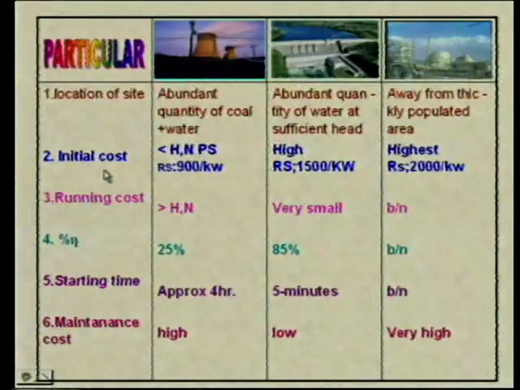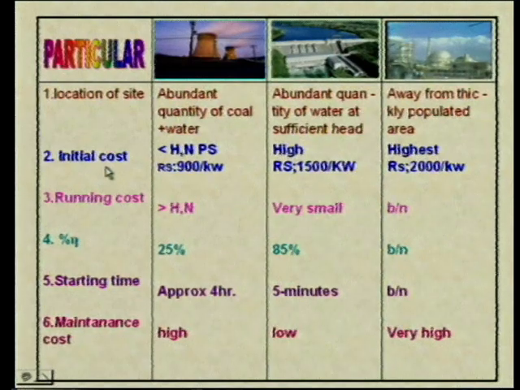In the previous class we have seen different stations, and the merits and demerits of different plants. You can see the location of the site. A TPS can be located where an abundant quantity of coal and water is available. It is somewhat nearer to the load center, thereby reducing transmission losses. An HPS can be located where an abundant quantity of water is available at sufficient height.